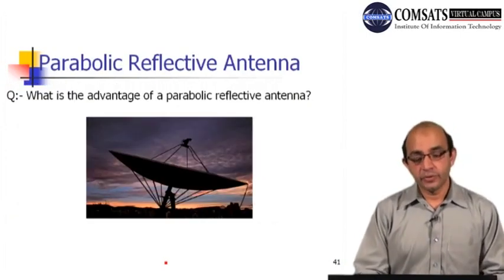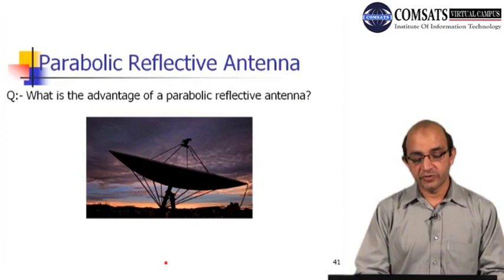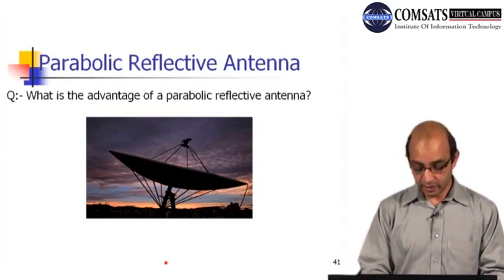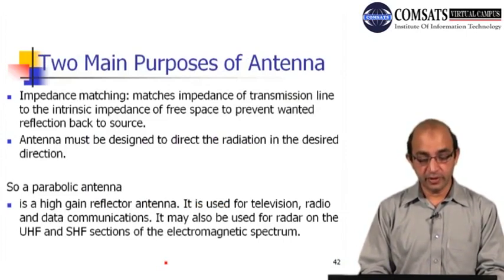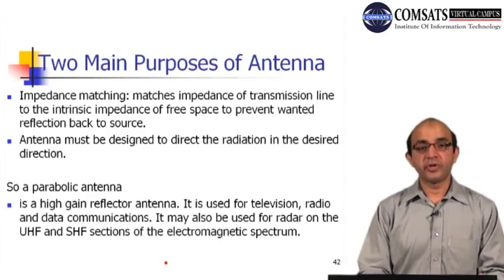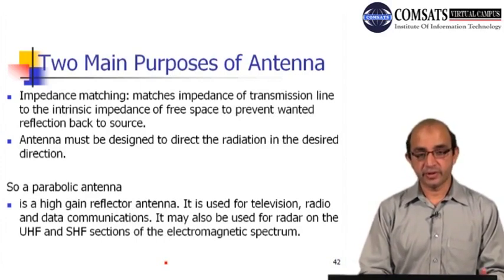So another review question: what are the advantages of a parabolic reflective antenna? First we will talk about the purposes of an antenna. Before talking about the reflective parabolic antenna, let's talk about the two main purposes of an antenna.